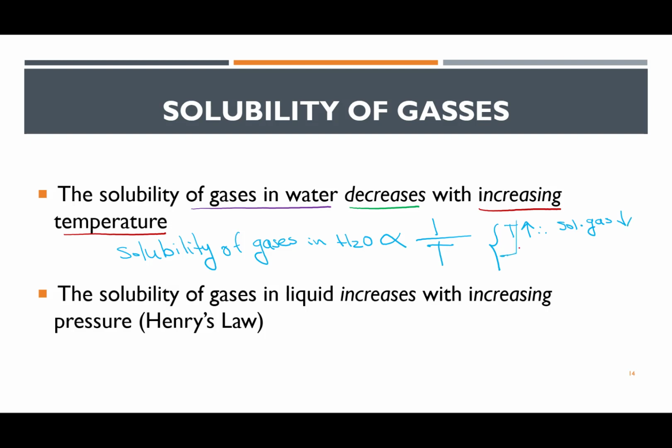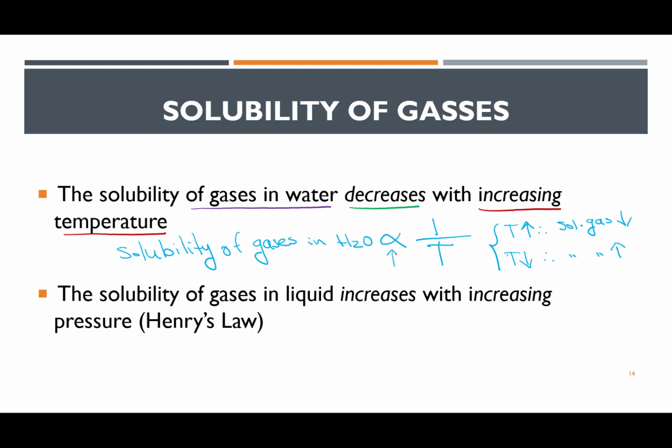And if you decrease the temperature, the solubility of gases increases. They are indirectly proportional, and that sign is a proportionality sign that tells you about proportionalities.